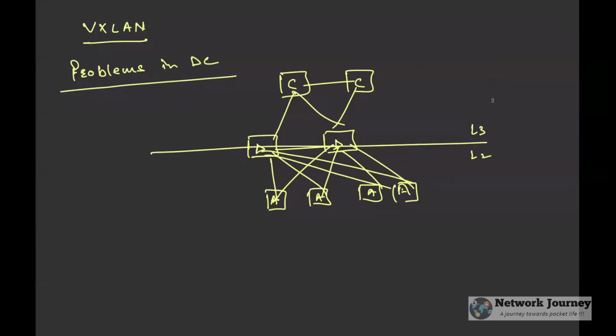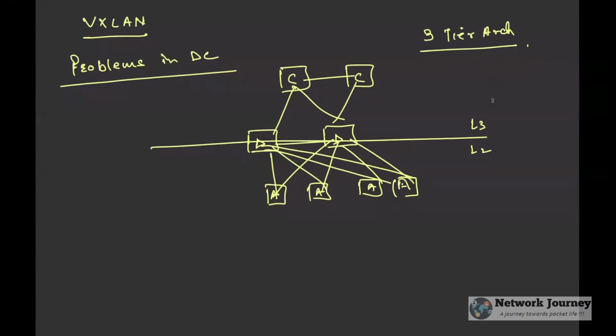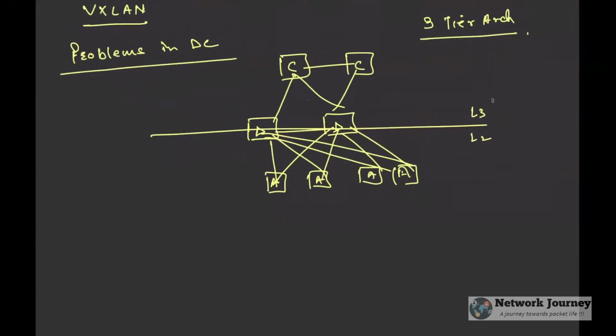Now, in some data centers you will find a two-tier architecture, where you have a spine layer and a leaf layer.